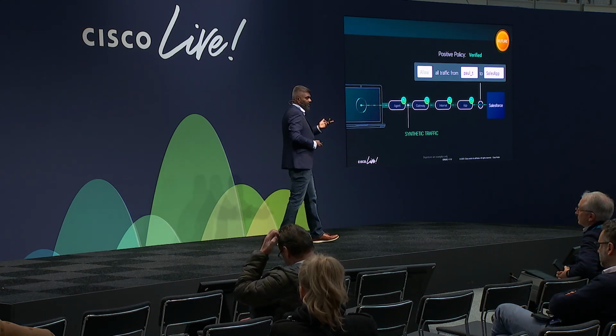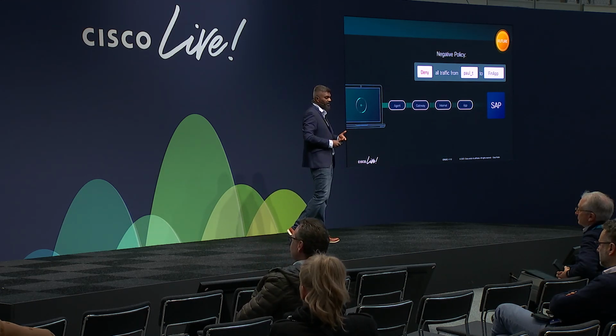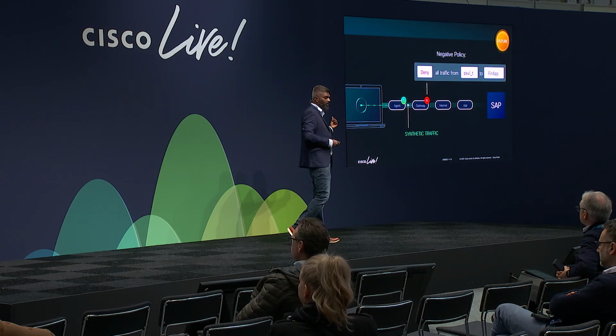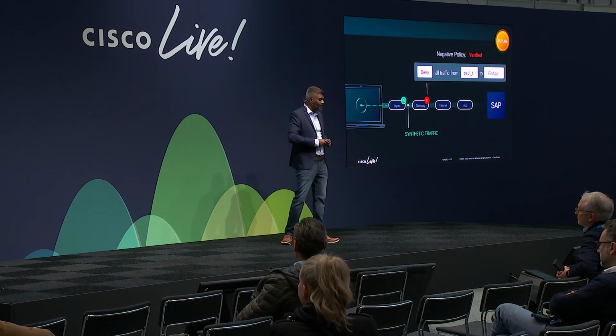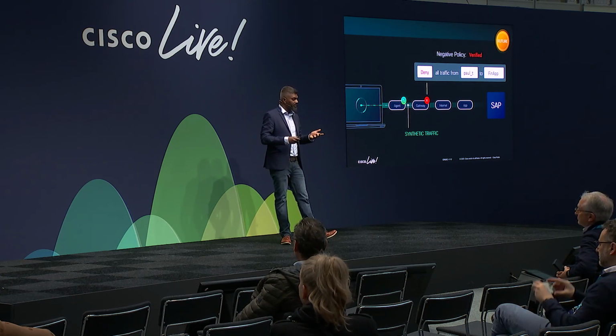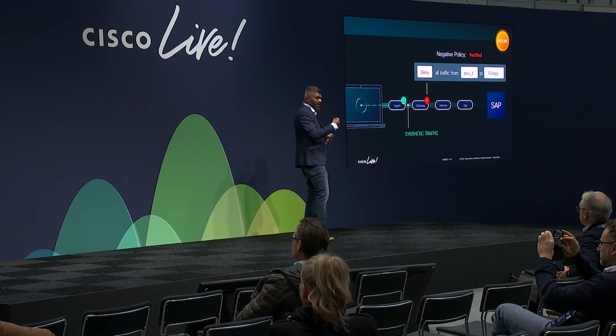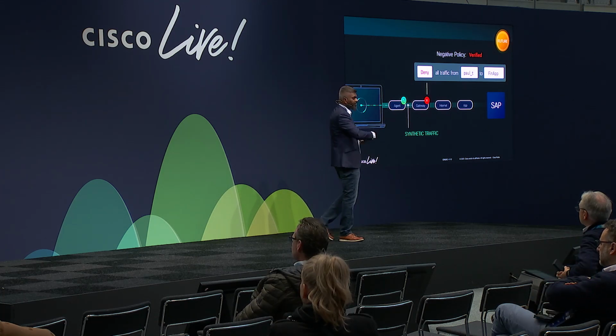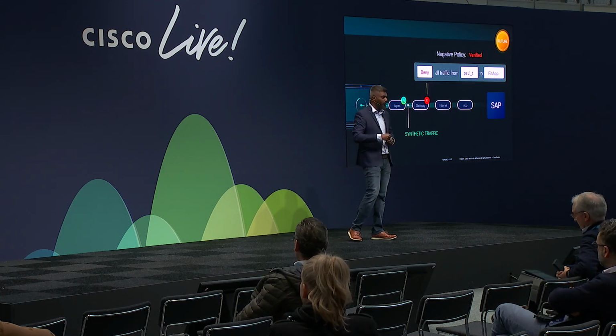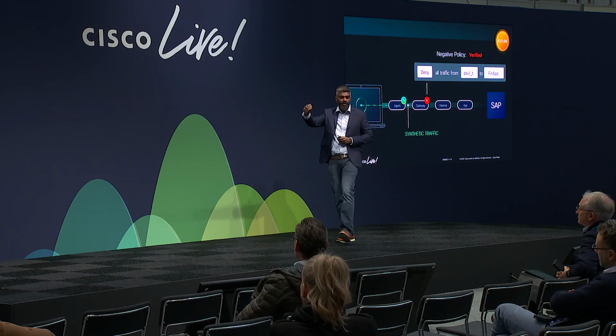We could also do something called a negative test, which is basically saying, I want to block Paul from accessing this finance application, right? So in both of these cases, we're taking synthetic traffic, not live traffic, using our ThousandEyes probes to pre-test and say this policy will have the intended effect.